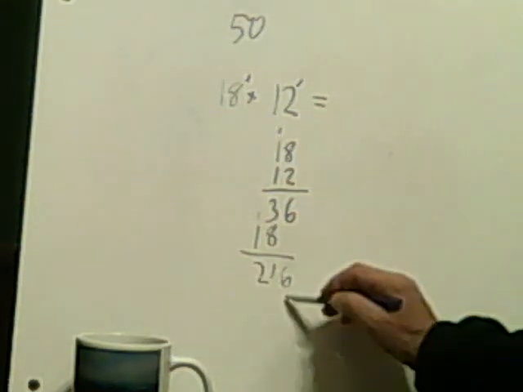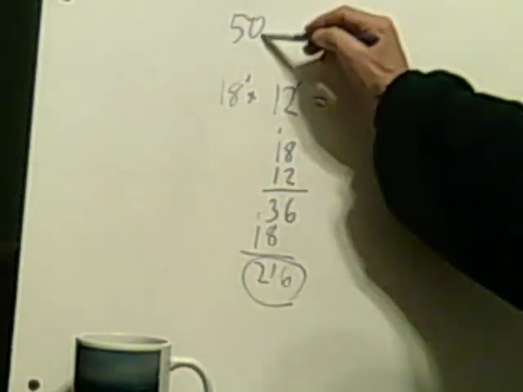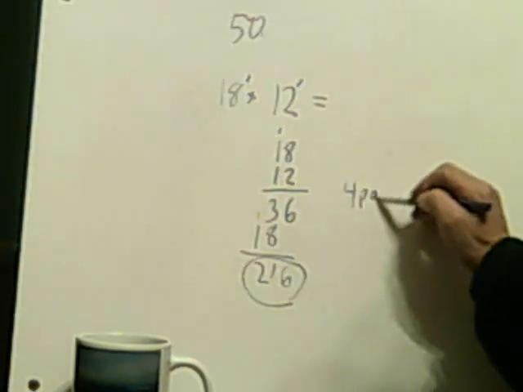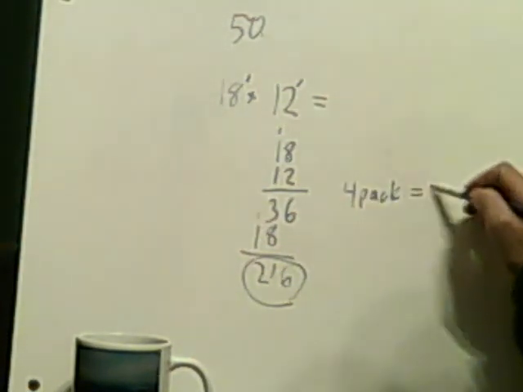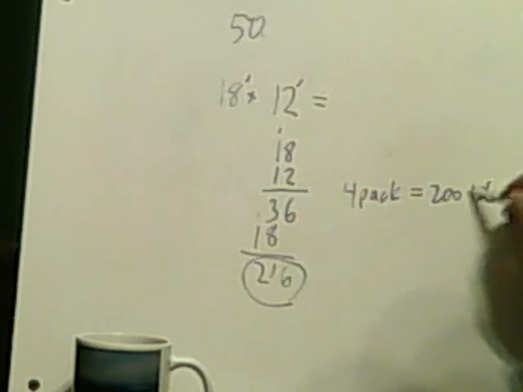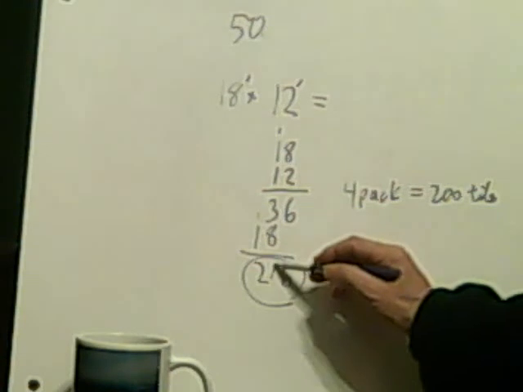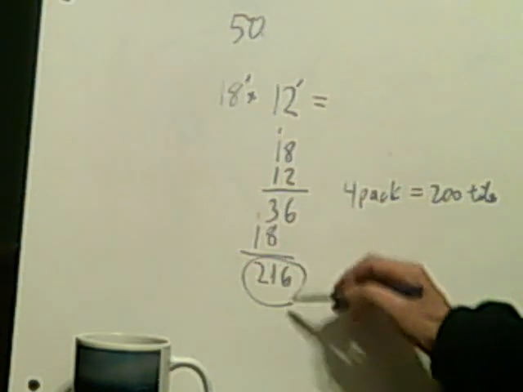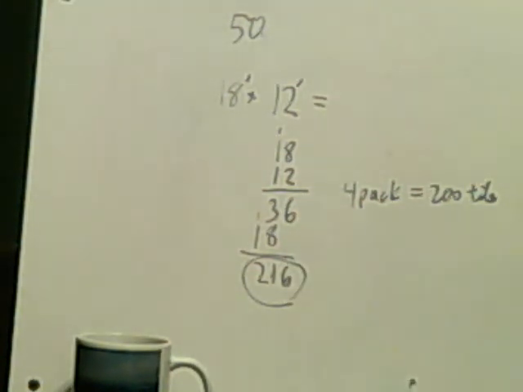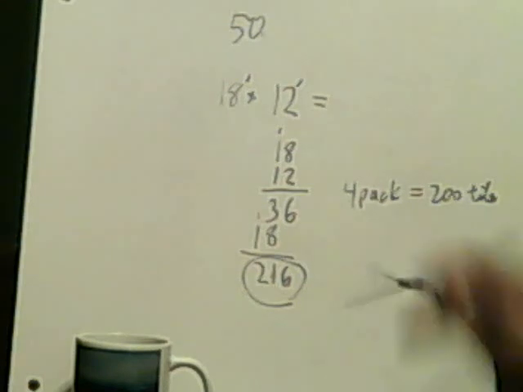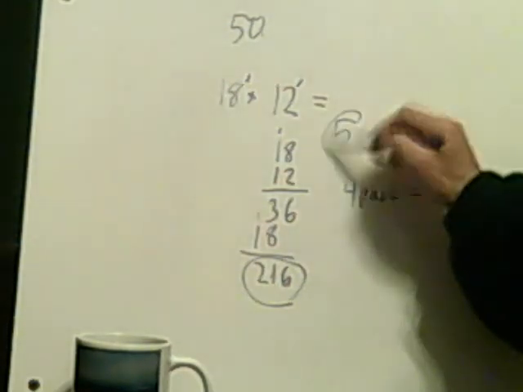So basically what's going to happen here is you're going to need 5 packages because 4 packages is going to give you 200 tiles. Each tile is 1 square foot. So you're going to have to use 5 packages and then you're going to have some left over. You're going to have 34 tiles left over, but that's the way it is. Okay, so the answer is 5 packs.